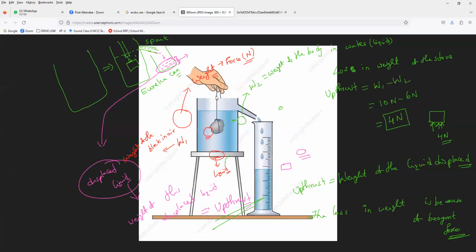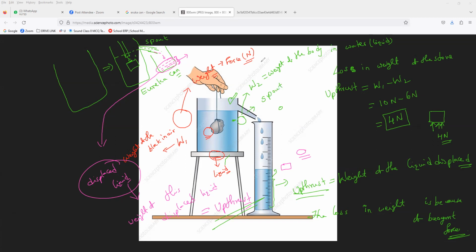If the stone goes inside, some amount of water is collected. The weight of the liquid collected here is equal to what, everybody? Upthrust. This setup is called the Eureka can. And the opening of this Eureka can we call the spout.